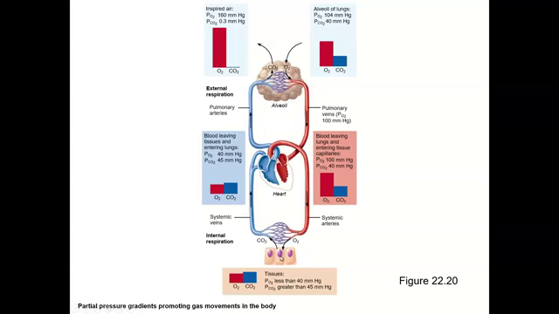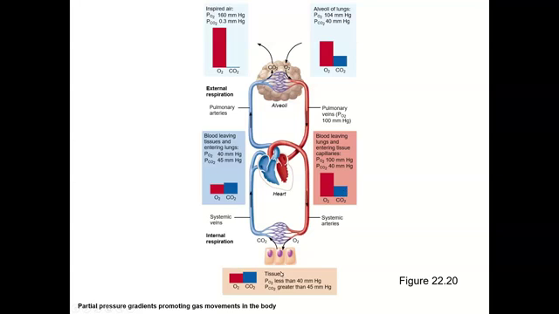So we're going to lose our oxygen into the cells, and likewise, because the cells have produced ATP, they've had CO2 as a waste product, about 45 millimeters of mercury, which is higher than our 40. So we get CO2 diffusing out of the cell into the capillaries.